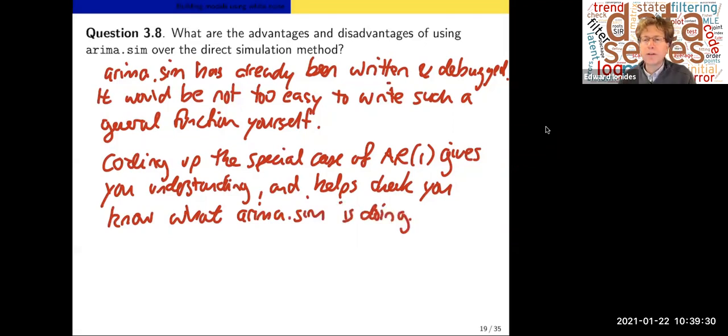That's always the danger with statistical software, is that you just use it and it throws out a number at you and you have an imperfect understanding of what it's doing. Well, checking that in simple cases you can concretely check that it matches what you think it should do is the way around that.